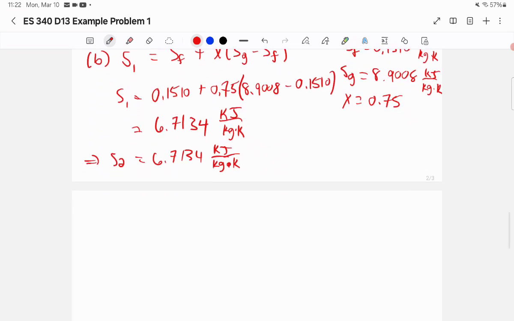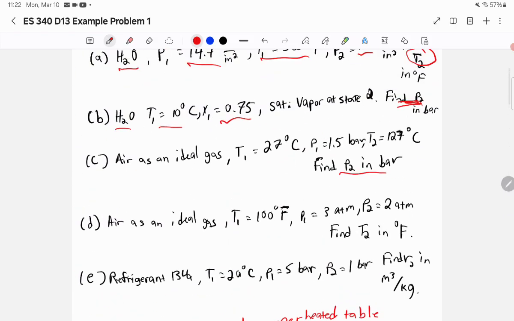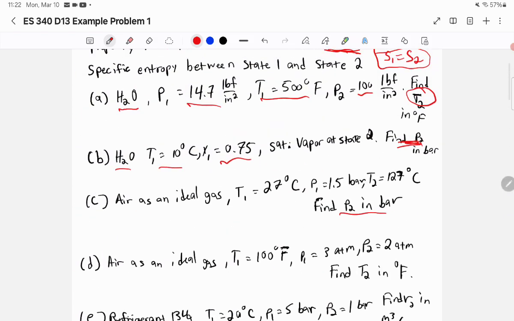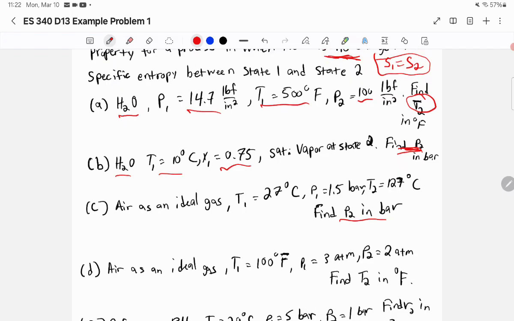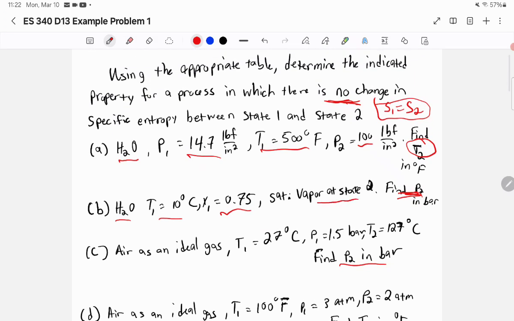Okay, so now what am I going to do? Well, I'm going to find the pressure. To find the pressure, I was given a new temperature, and the fact that this is saturated vapor at state 2 also indicates what the pressure would have to be.